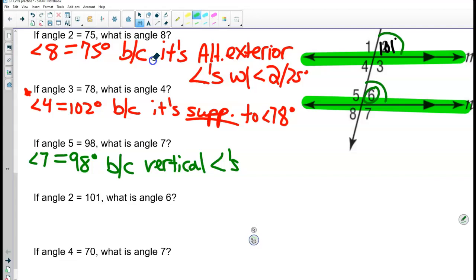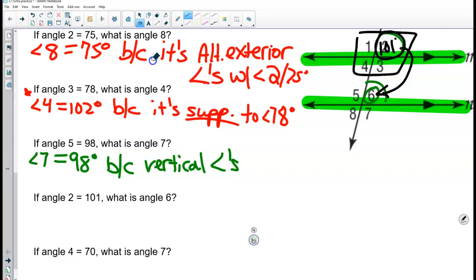So by default, I only have one choice, but I can also look and see. If I were to take this set and plop this 101 right onto its matching angle 101, if I took all 4 of these, 101 would match up with where number 6 is at if I were to cut those out and put them right on there. So I know that means they're corresponding.